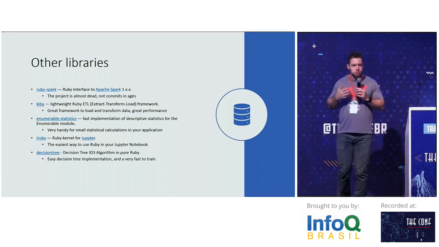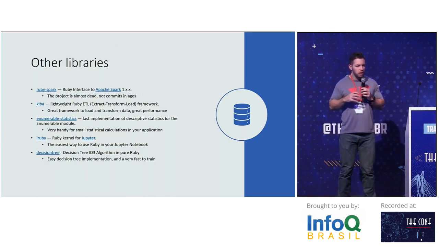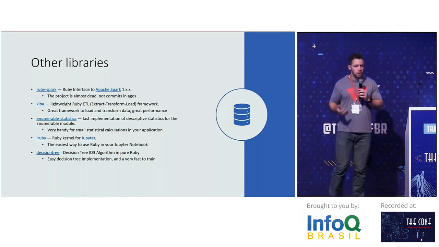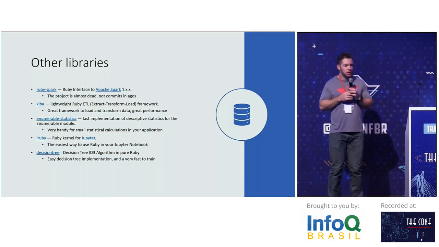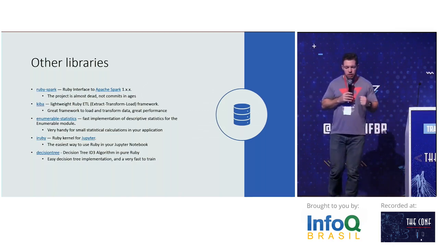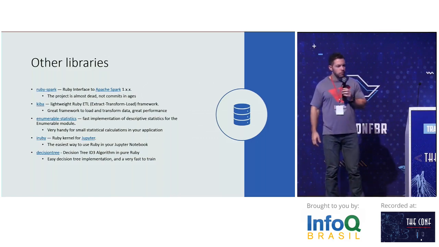If you need to do simple statistics in any array or in enumerable, you can just use the enumerable statistics gem that was created by the same guy that created another library that I will talk later, that's PyCall. And the great iRuby.